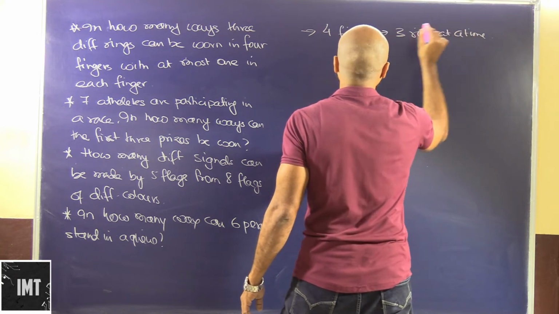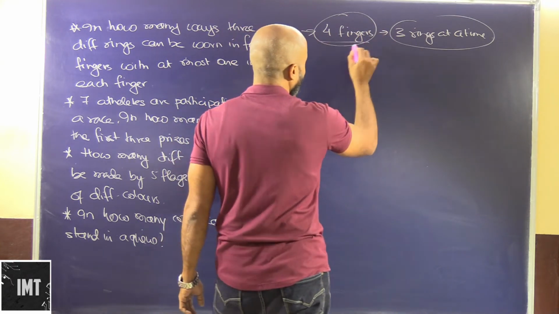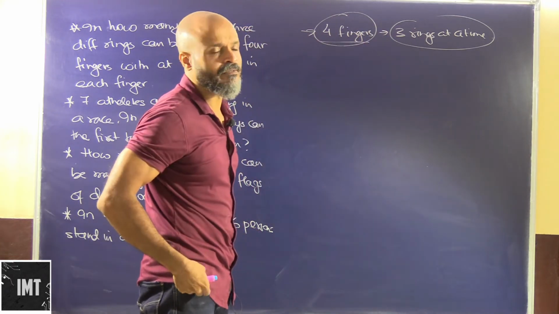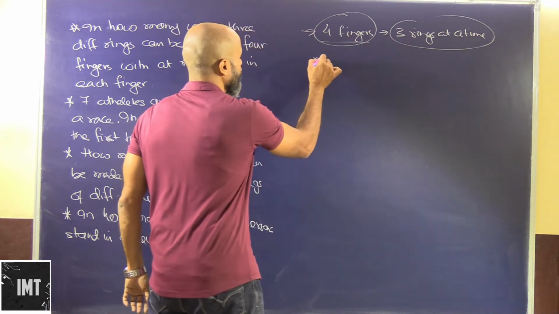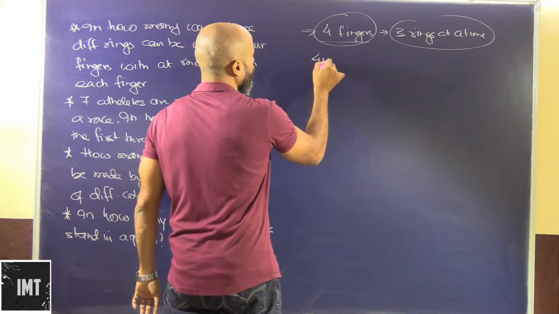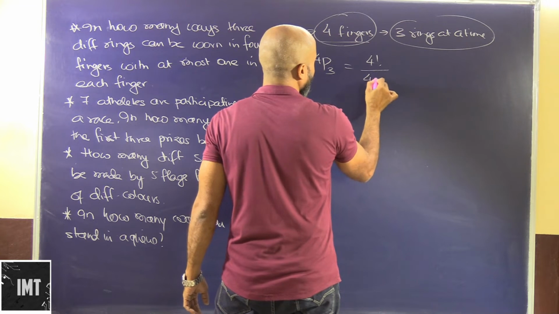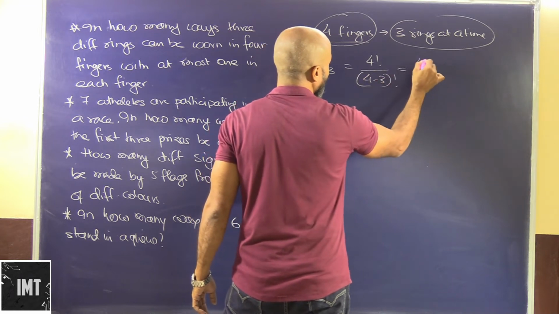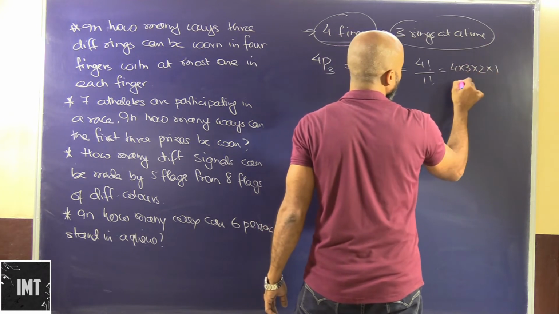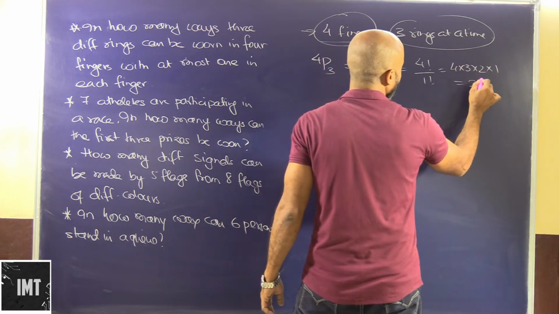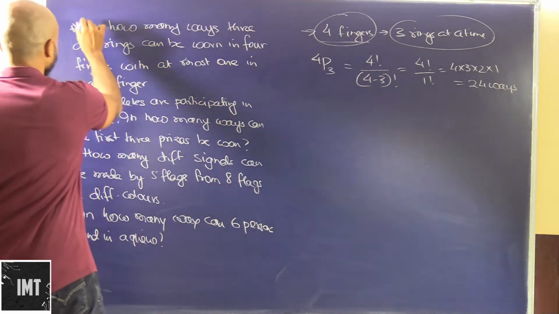So these are n distinct events taken r at a time, so this will be nPr, which means 4P3. This will be 4 factorial upon 4 minus 3 factorial, that is 4 factorial upon 1 factorial, that is 4 into 3 into 2 into 1, that will be 24 different ways. Okay, so this is done.